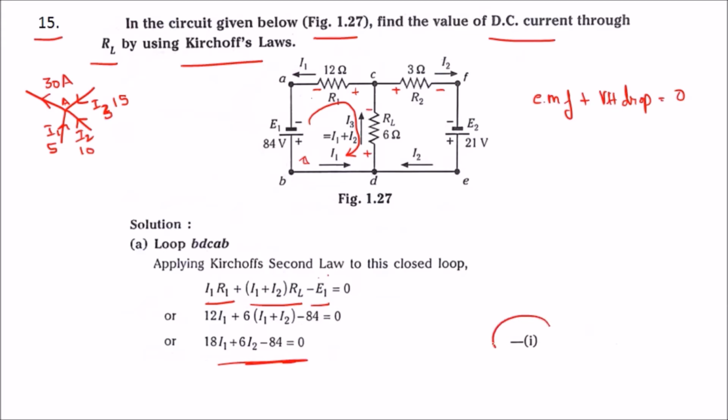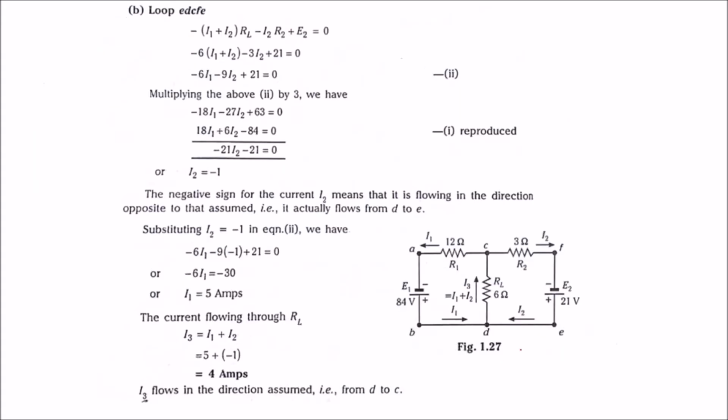So we have two supplies, E2 and E1. So again we will find out for E2. Again I'll write the indication plus minus, plus minus, plus minus. Here we will take from this direction.